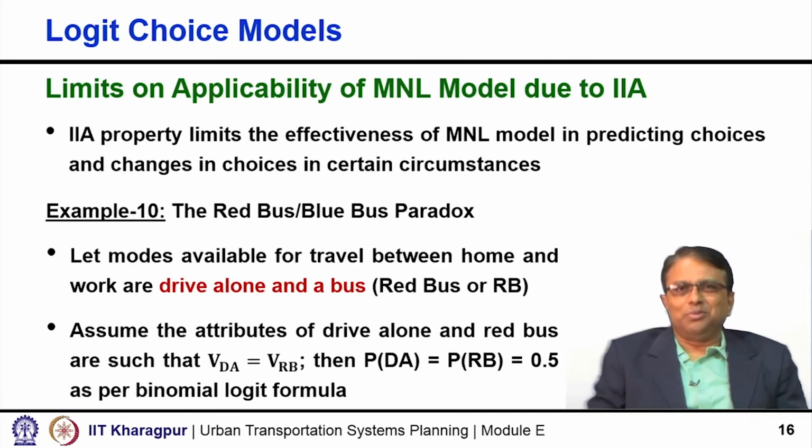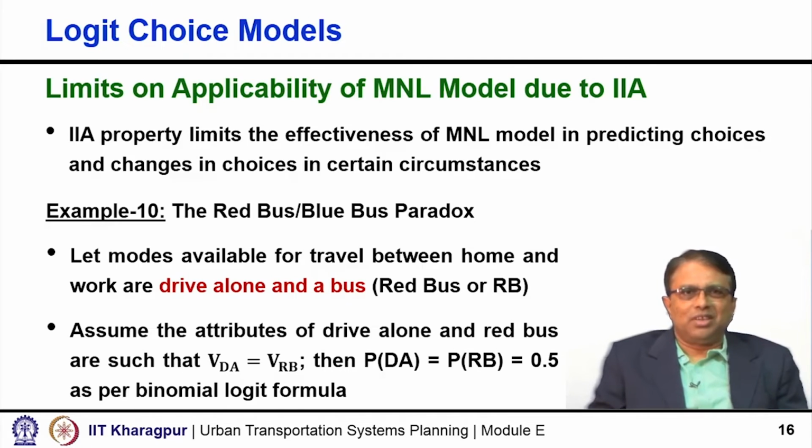Let me give you a very famous, rather world famous, example of the red bus, blue bus paradox. Let the modes available for travel between home and work be only drive alone and a bus, nothing else. So, for the moment we do not consider carpool or any other train or metro.